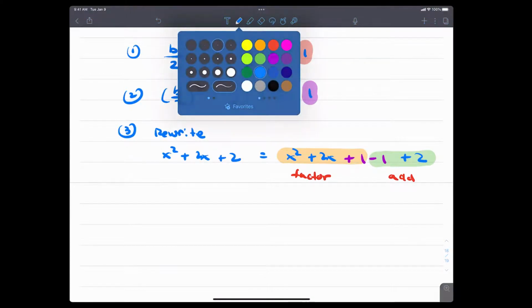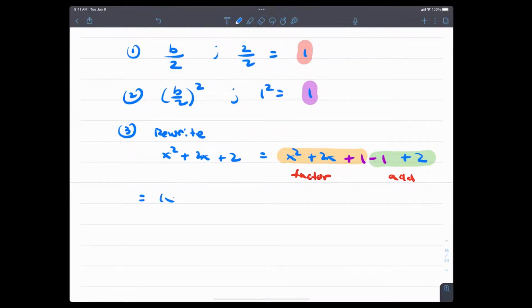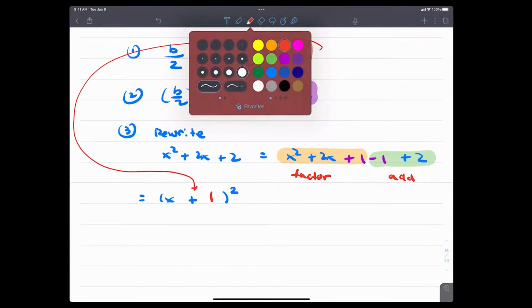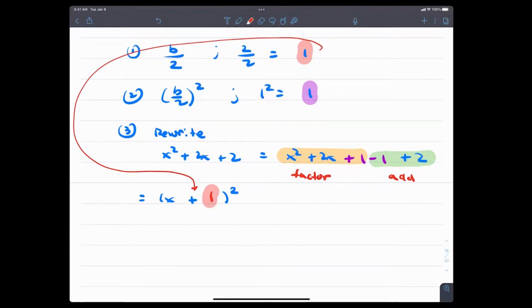Now, you don't really factor. What goes in the parentheses is always the value found in step 1. It happens to be the same number, but it's always that number found in step 1.